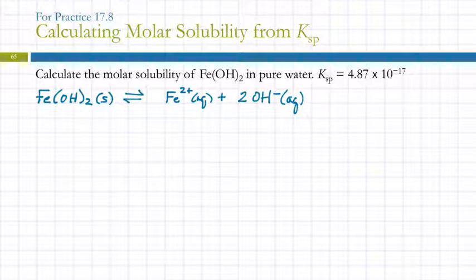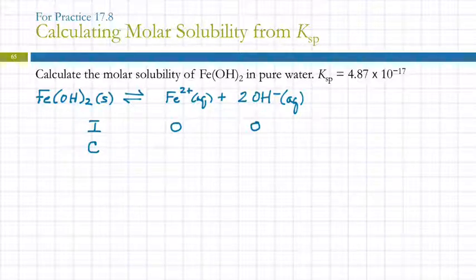So we can make an ICE table for this. What are the initial concentrations of iron and hydroxide? 0, because we're putting the solid into pure water. And then how are they going to change?